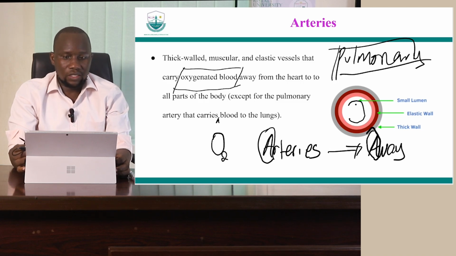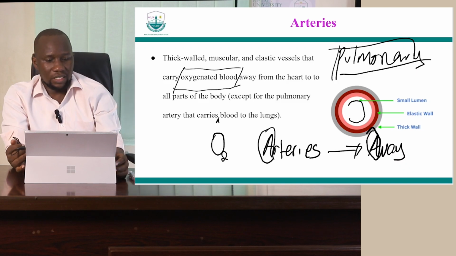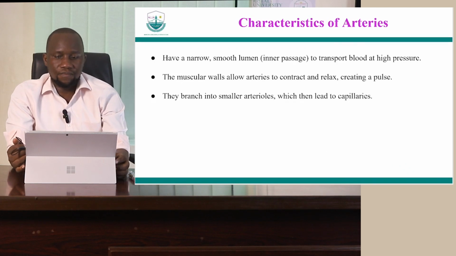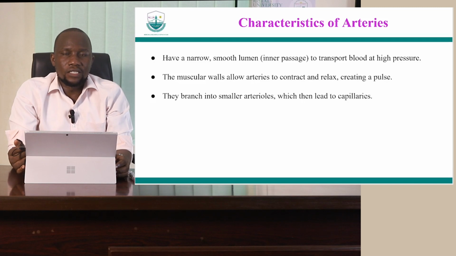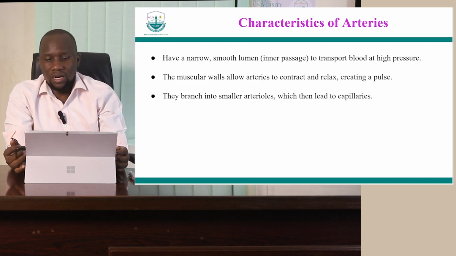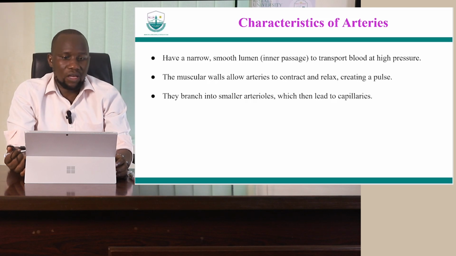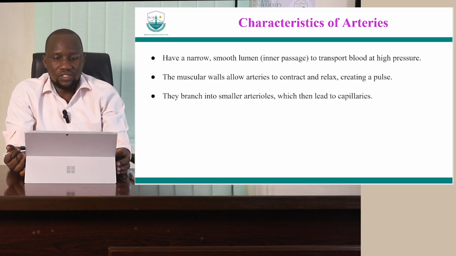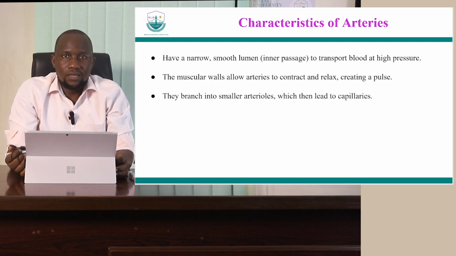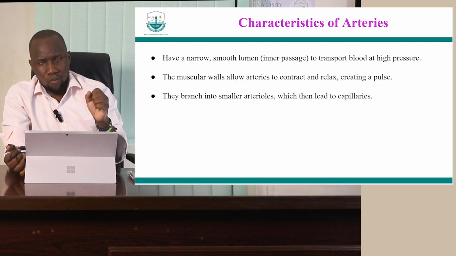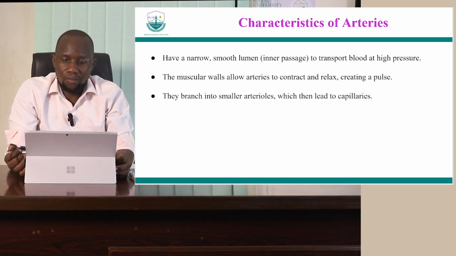So this lumen is quite narrow, and this means that there is the need to have high pressure to allow the blood to move through an artery. The more narrow it is, the more pressure we need to have the blood flow.